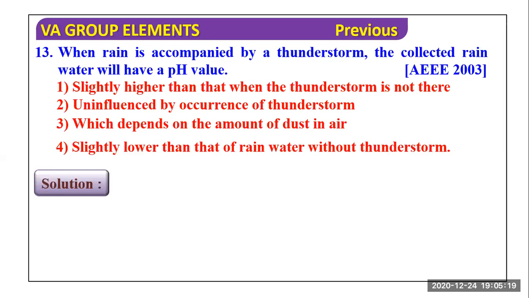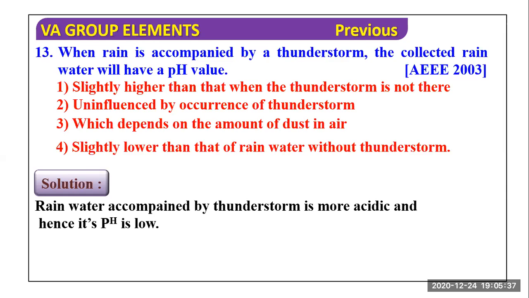Actually, when a thunderstorm occurs, the rainwater will be more acidic. The pH will be low. More acidic means low pH. Clear? Option 4 is the correct answer.